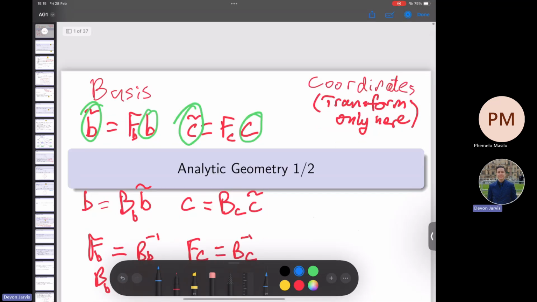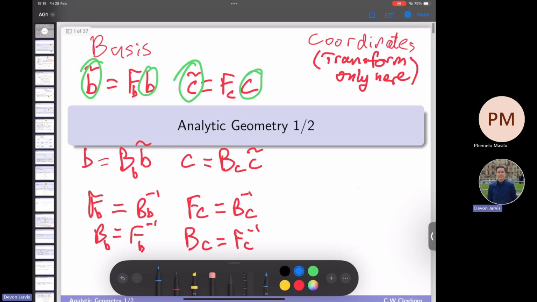when I'm working with coordinates, I know the mappings are backwards. In a coordinate space, if I want to go from an X with respect to basis B to X with respect to basis B tilde, I must use my backwards transform. That's old to new.